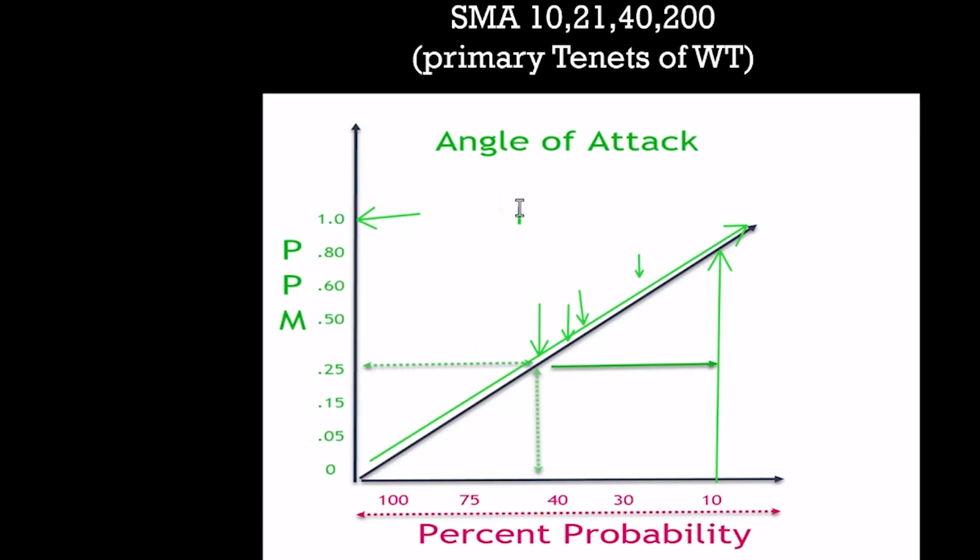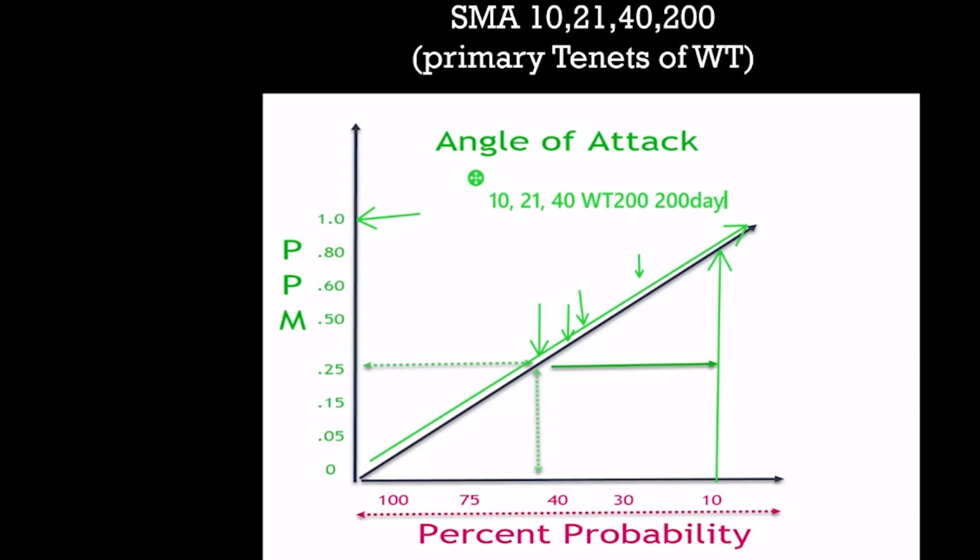So the PPMs are attached to the 10, 21, and 40. As you'll see as we go through this presentation, PPM 1, 2, and 3: PPM 1 is tied to the 10-period moving average, PPM 2 is the 21-period moving average, and PPM 3 is the 40-period moving average. And we do use in certain circumstances the Wavetech 200, which is tied to the 200-day moving average.